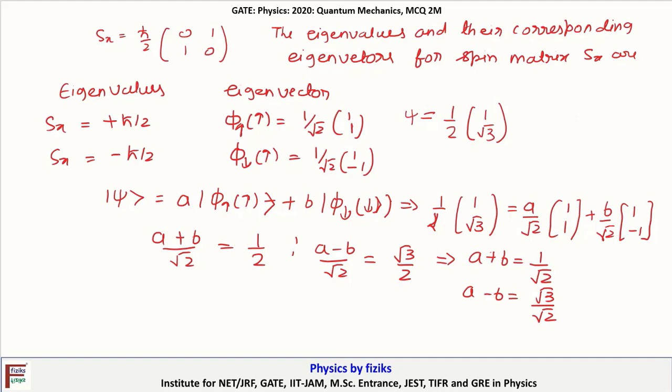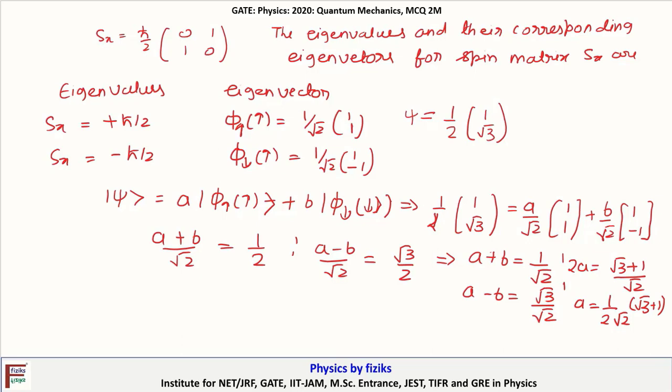So 2a is equal to root 3 plus 1 by root 2, and a is equal to 1 by 2 root 2 (root 3 plus 1).